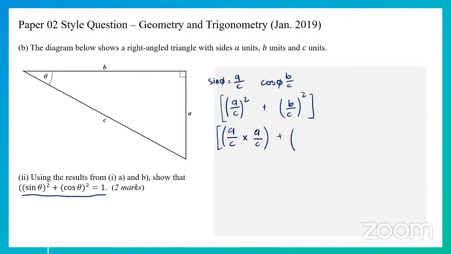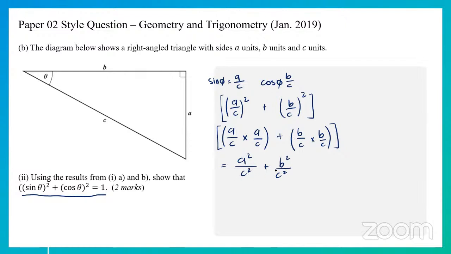So A over C times A over C, and B over C squared is going to be B over C times B over C. All right, so when multiplying these across now, we're going to get A times A over C times C, plus B times B over C times C. So at this point, we have A squared over C squared plus B squared over C squared.